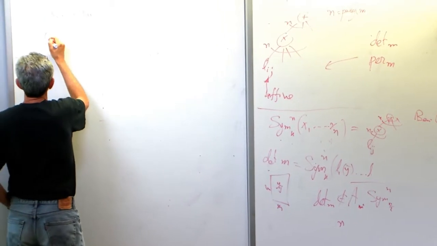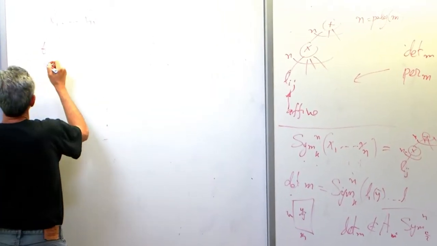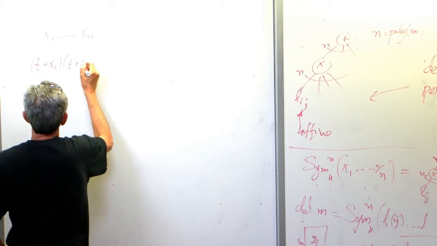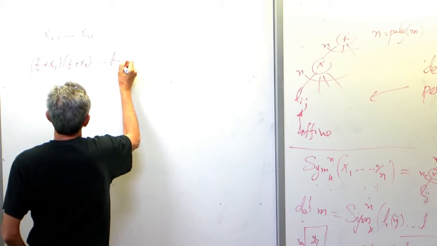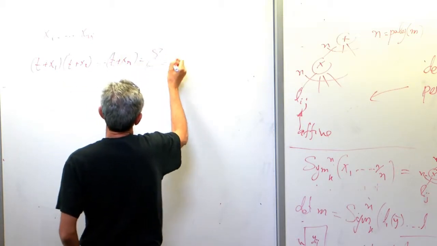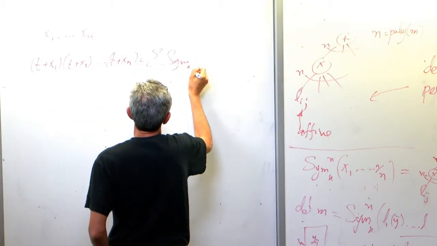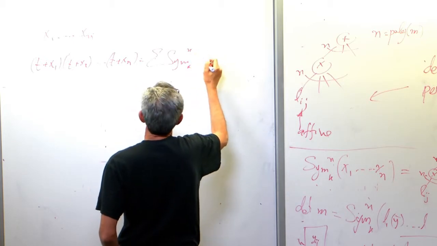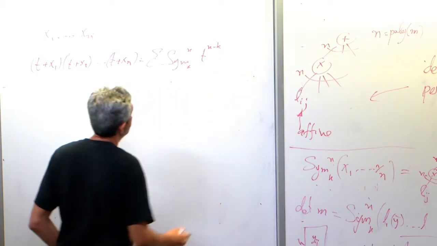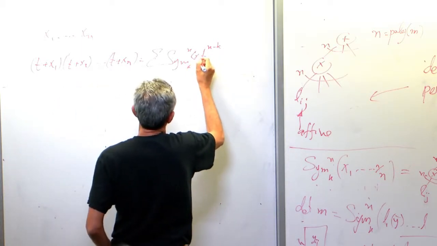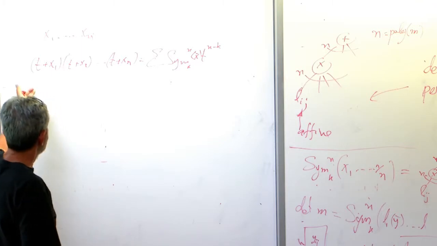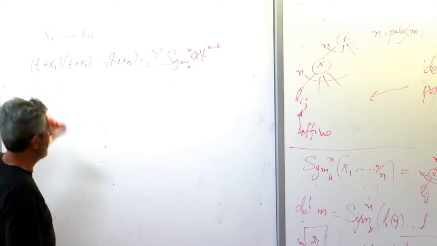So I take some variable t, and I look at this product, t plus x1 up to t plus xn, a generating function. This is just simply the sum of the symmetric polynomials. That's obvious, but that's great. This is the circuit.